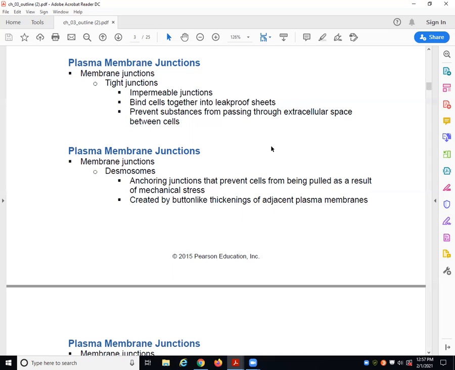These are created by button-like thickenings in the adjacent plasma membranes. The desmosomes are anchors. That's the big thing I want you to think about.